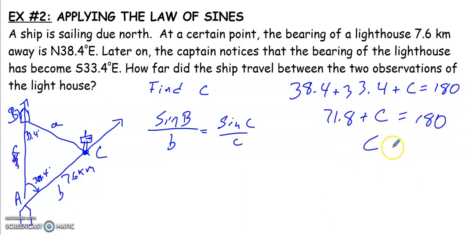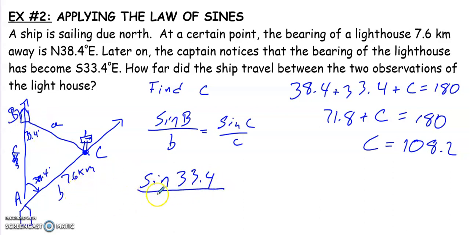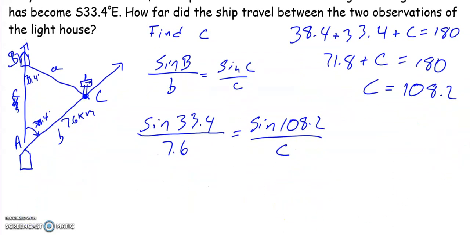Subtract 71.8 from both sides, and we find the measurement of angle C is 108.2. Now I know big C. So now we're ready to rock and roll. Let's find the sine of big B, 33.4, over the length of little b, 7.6 kilometers. That's going to equal the sine of big C, 108.2, over the length of little c.